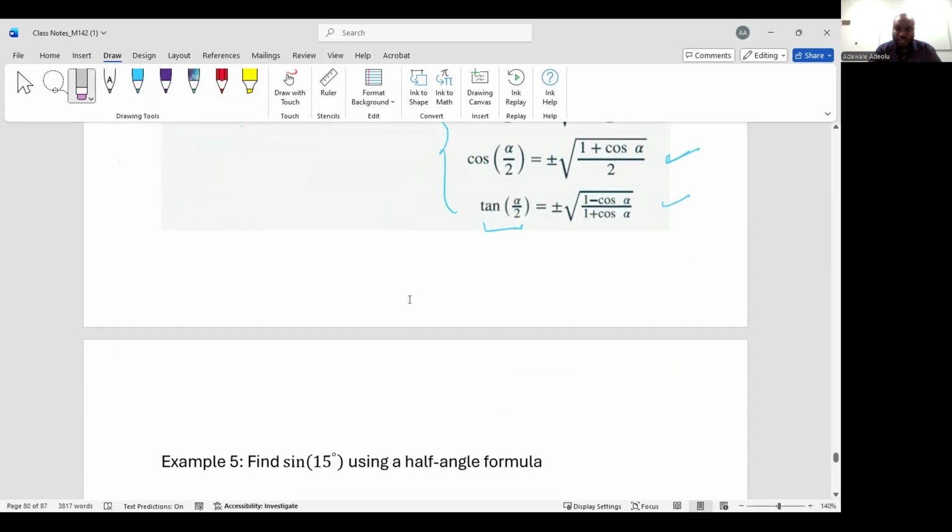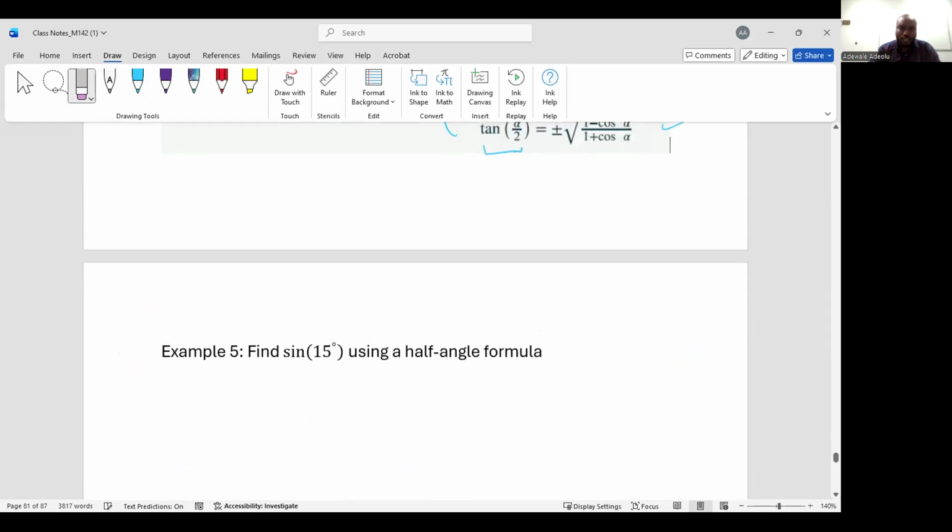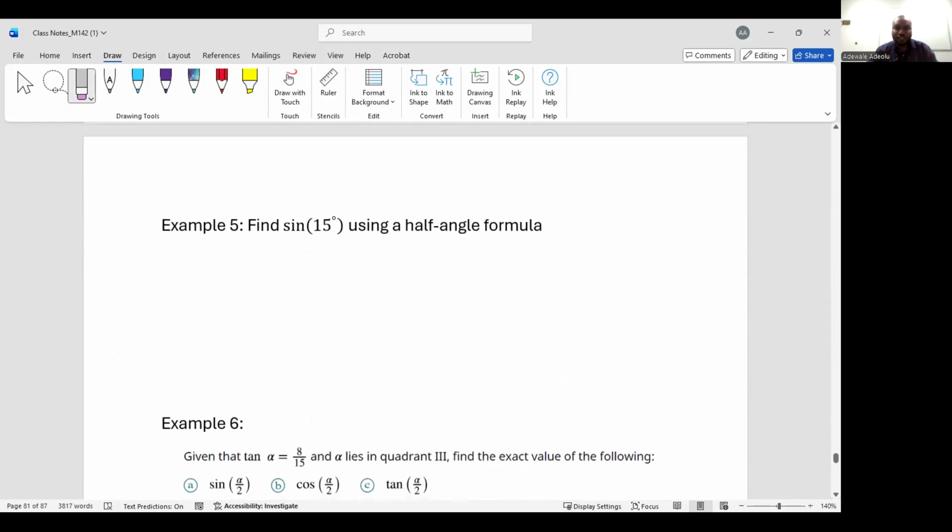All right. Now, let us find sine of 15 degrees using, like I said, half angle formula, because we can use other methods without a calculator and we still get it. But we want to use half angle.